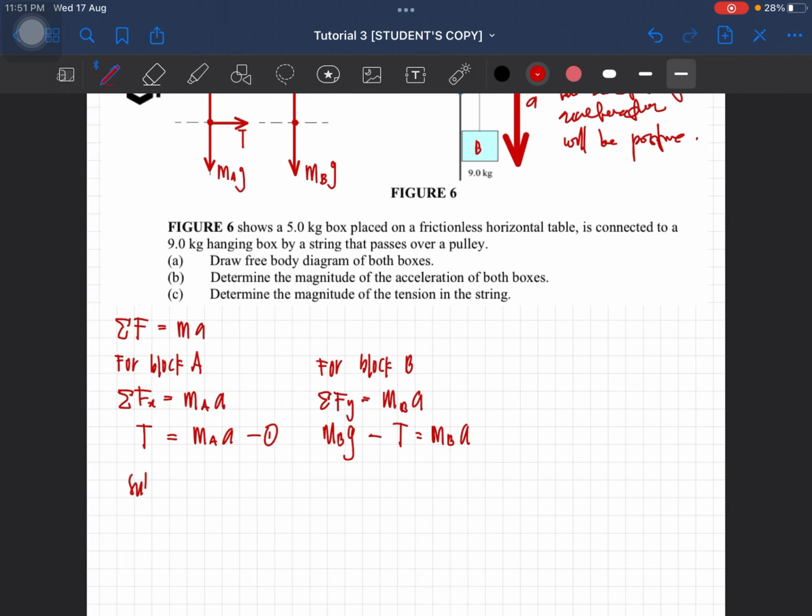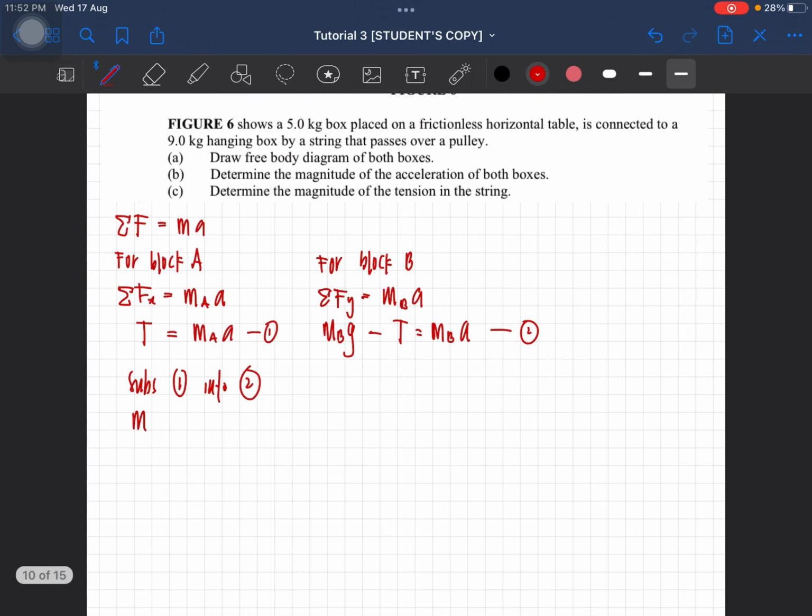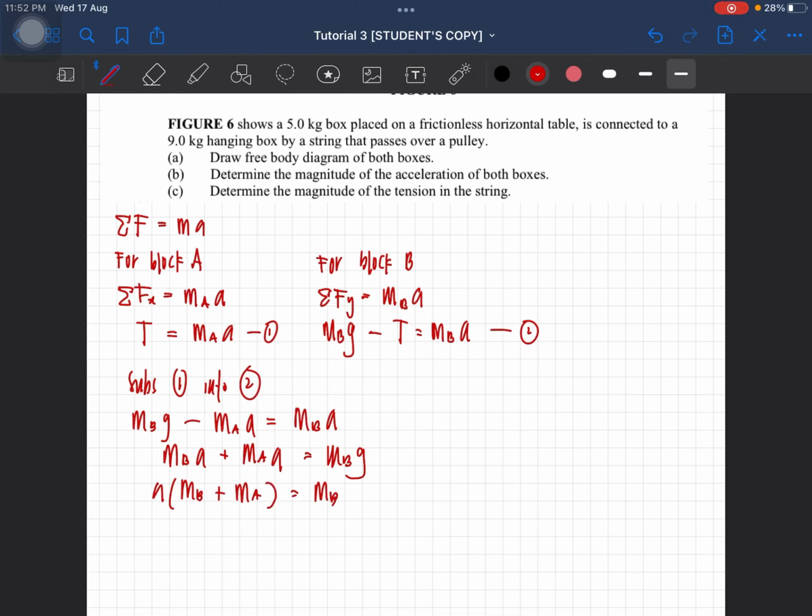So we can substitute equation 1 into equation 2. So this is mBg minus mAa equal to mBa. Alright, we are looking for the acceleration, so we factorize it. So a times (mB plus mA) equal to mBg.